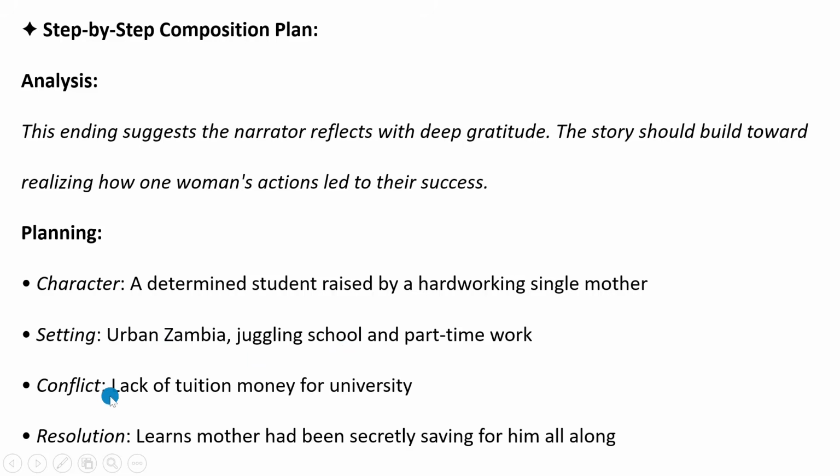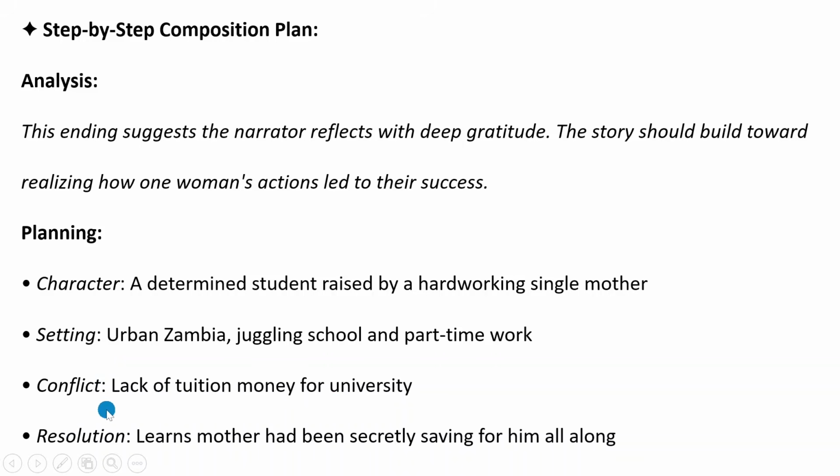Then conflict. What was the main problem in that situation where the character was, after being helped of which this character now appreciates? That's how you need to look at it. The conflict: lack of tuition money for university. Then resolution.